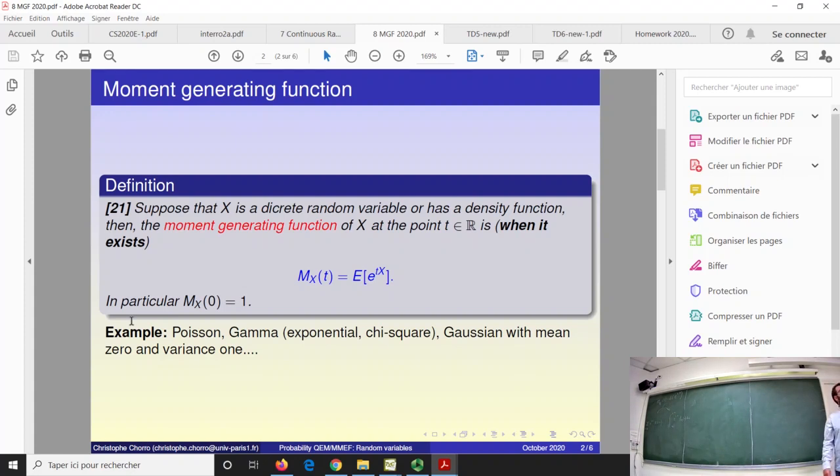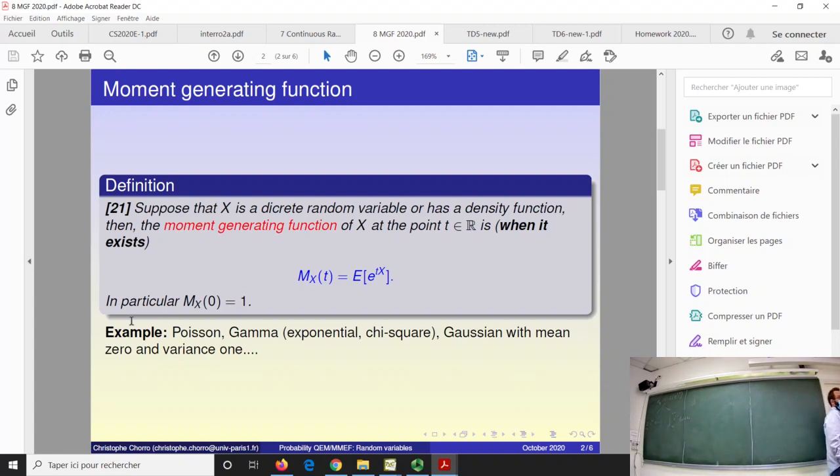It means that you obtain a number or you obtain plus infinity. You have only these two possibilities in this case. But we will see examples where it is not defined everywhere. So, this is the definition of the moment generating function of X at the point t when it exists.